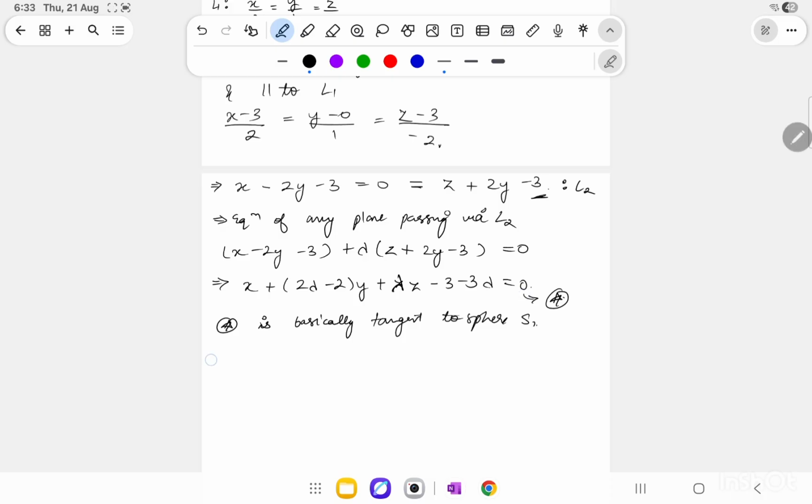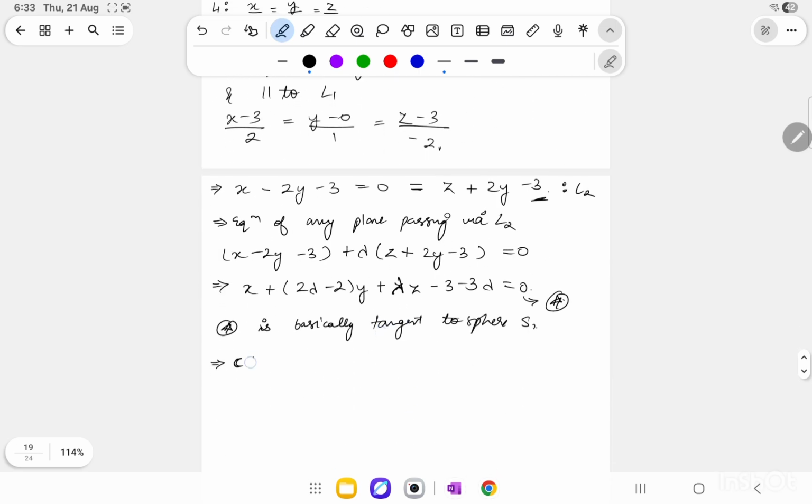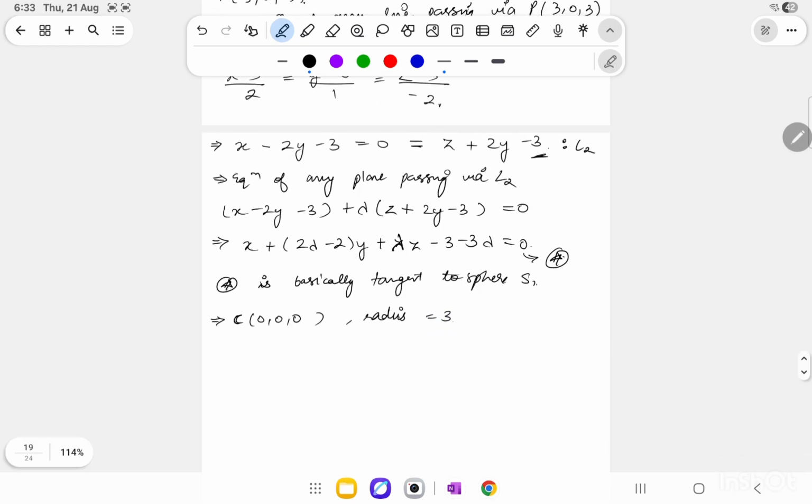My center of the given sphere is (0, 0, 0) and the radius is 3. Using that, I get 3 equals minus 3 lambda upon the square root of 1 plus (2 lambda minus 2) square plus lambda square.